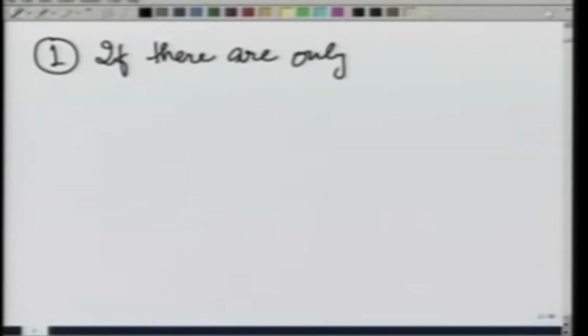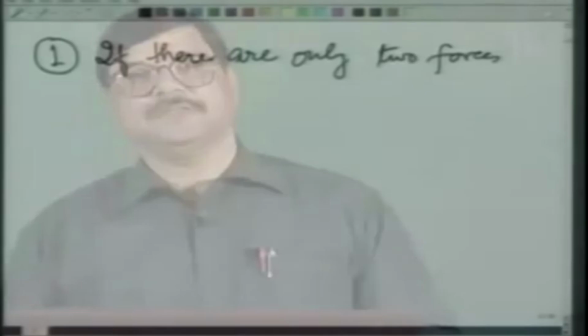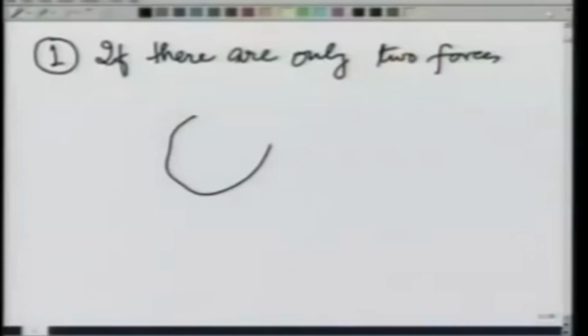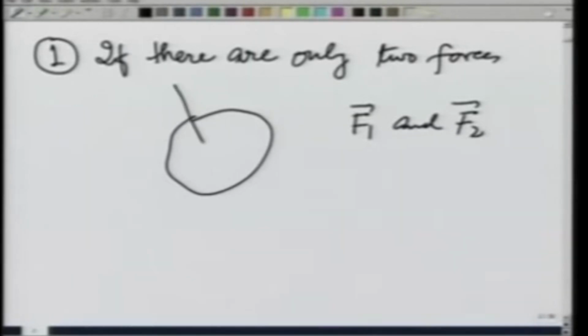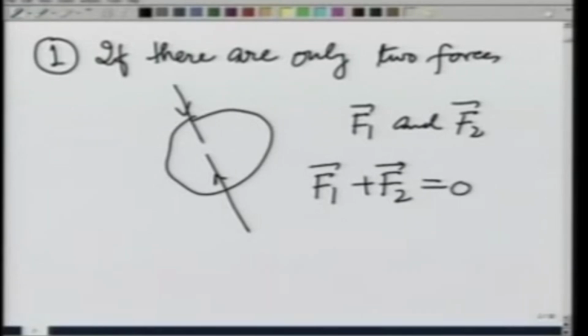Number one, if there are only two forces: if a body is in equilibrium under two forces F1 and F2, then the forces must be collinear and opposite, so that F1 plus F2 is equal to 0.